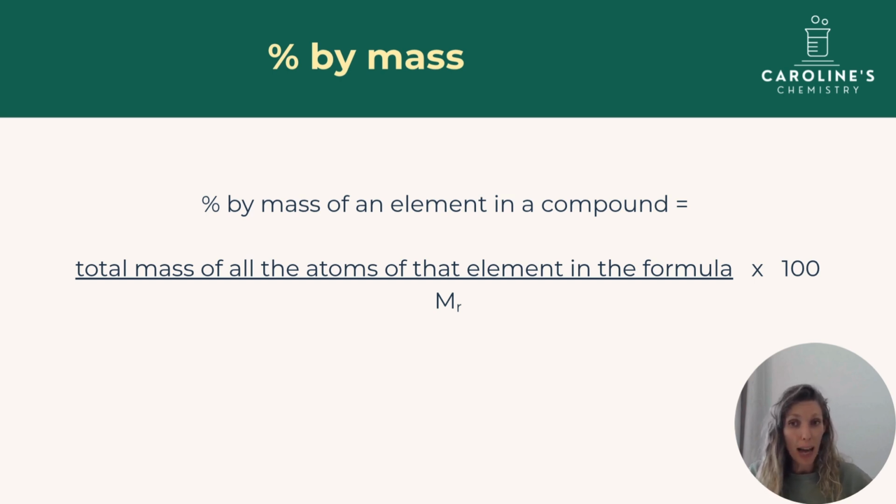To work that out, we take the total mass of all the atoms of that element in the formula. So if the formula is H2O, water, we take all of the atoms of the hydrogen or the oxygen, depending on what we're trying to find out. Then we divide that by the Mr of the entire thing, so the total Mr of the water, and then times by 100. And that gives you it as a percentage.